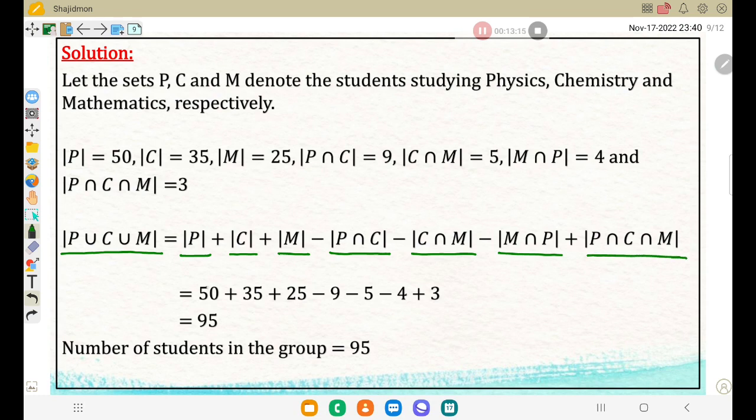So all the numbers are given here. If you apply, you will get answer equal to 95. So number of students in the group is 95. I hope you understood. You can write all the rules like this and apply the numbers. All the numbers are given in the question. Easy question, that one.